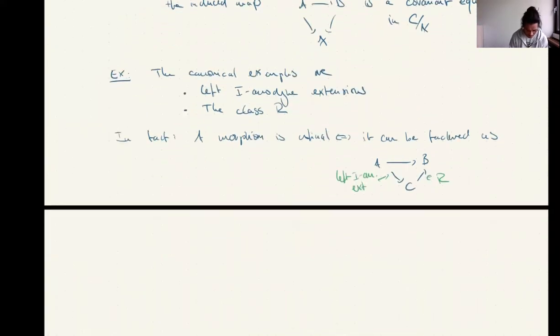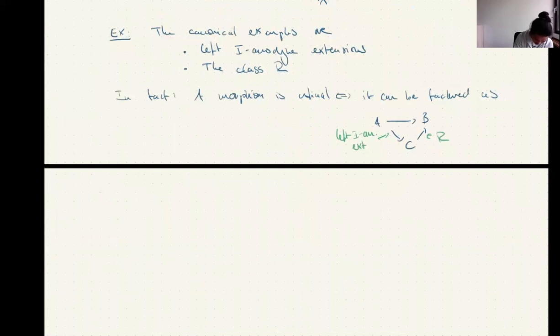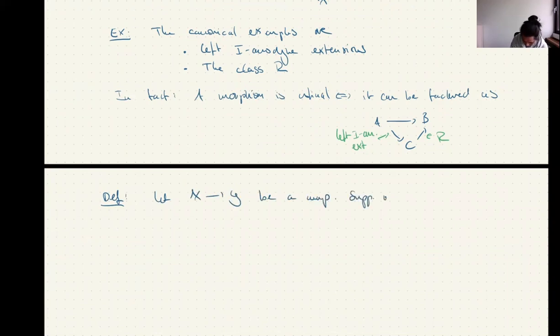So let's make one final definition. Let's take a map from X to Y, and suppose we have Cartesian squares of the following form. Give these two morphisms a name.